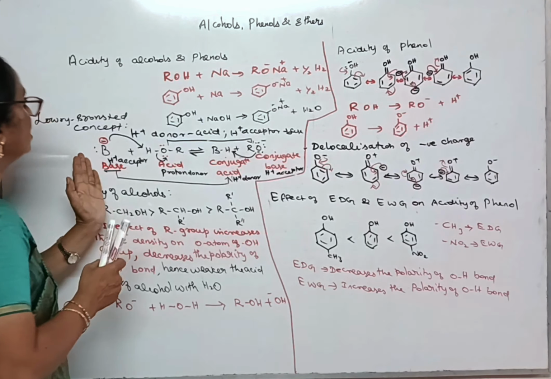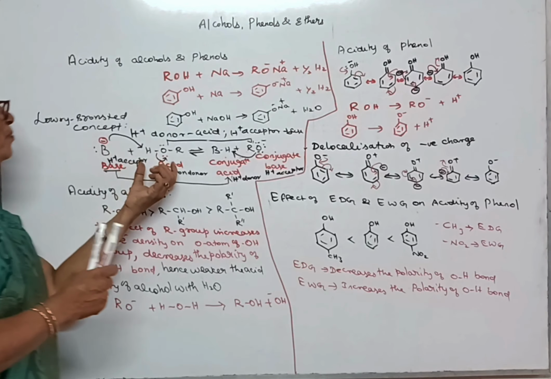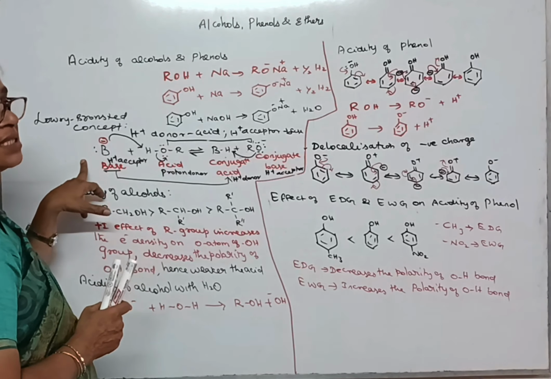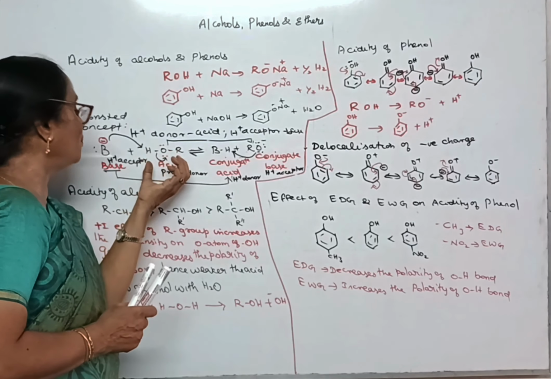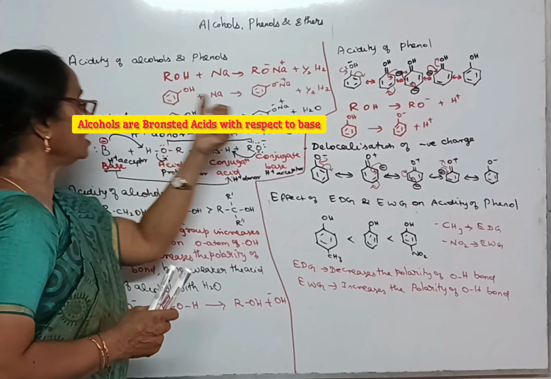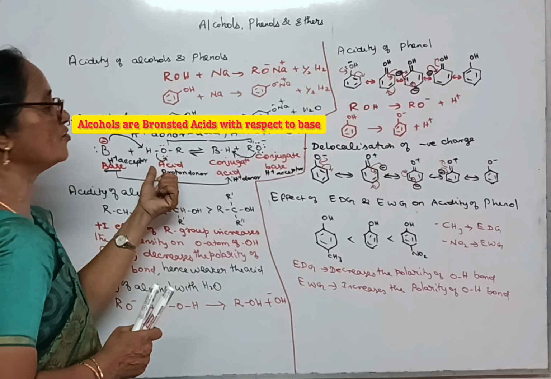As a result of accepting the proton, BH becomes the conjugate acid of base B, and the alcohol that donates the proton becomes the conjugate base of an acid.